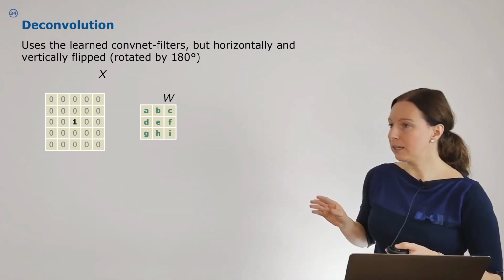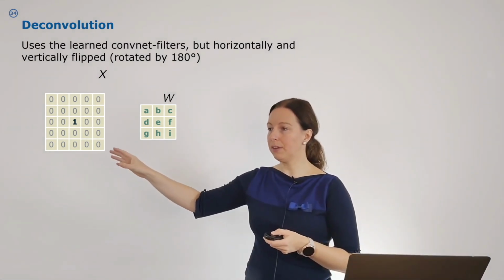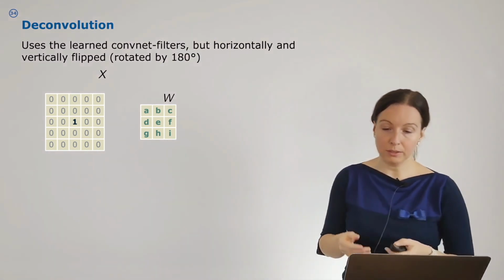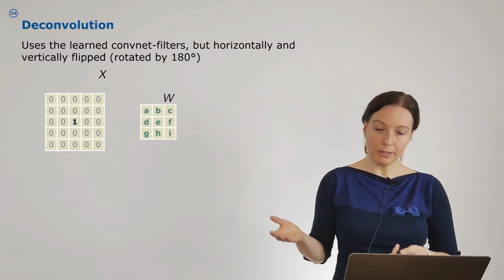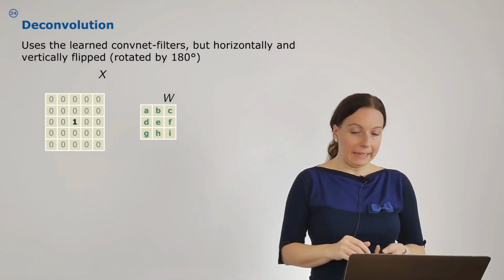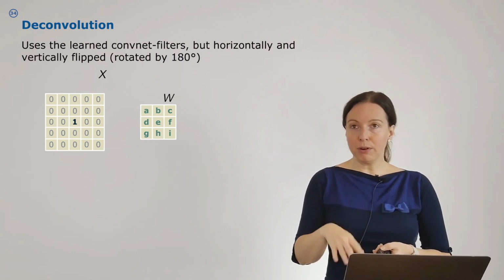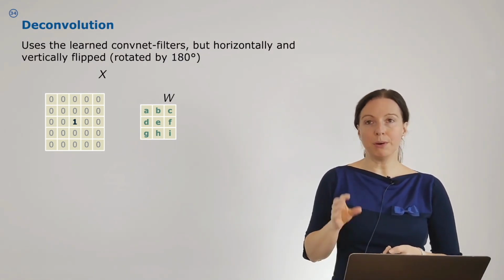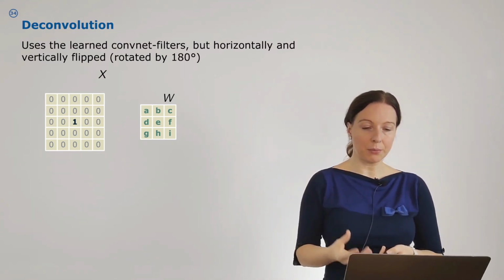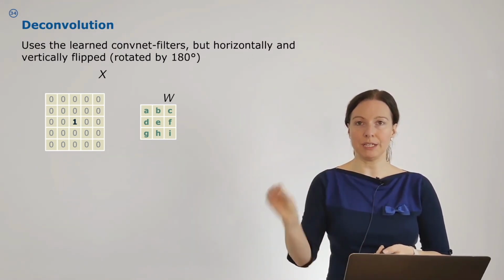So let's have a look at a specific example. What you have here is an activation map X, for example the one after the unpooling, and W is the learned filter. But before going through the steps, a very important point in this context is that neural networks normally implement cross-correlation, not convolution.